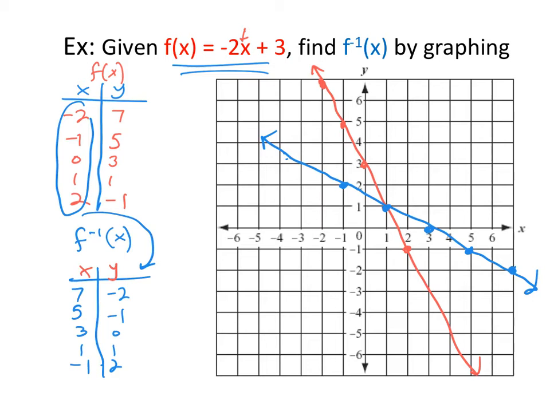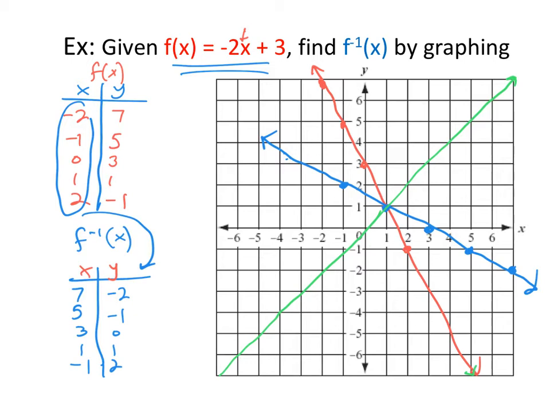And I want you to notice something: inverses actually have some symmetric qualities. In fact, if you look at these two functions as compared, there is a line of symmetry that we can sketch, that if you were to fold these two graphs up, they'd match up equivalent to each other. And that line of symmetry is actually the y equals x line.